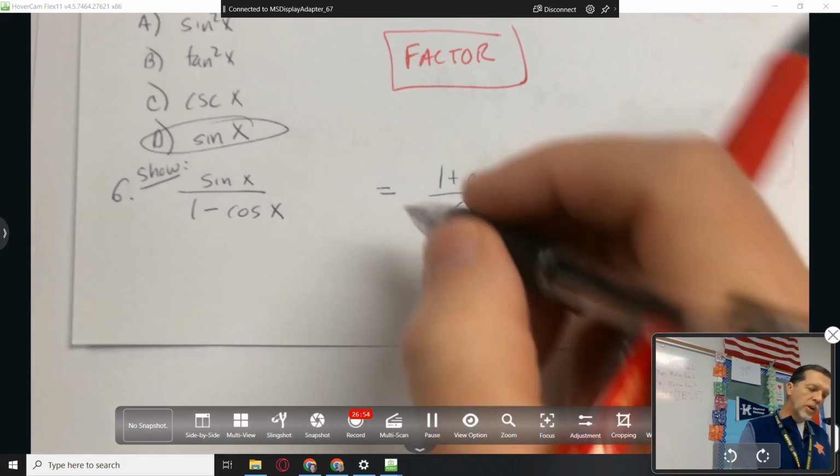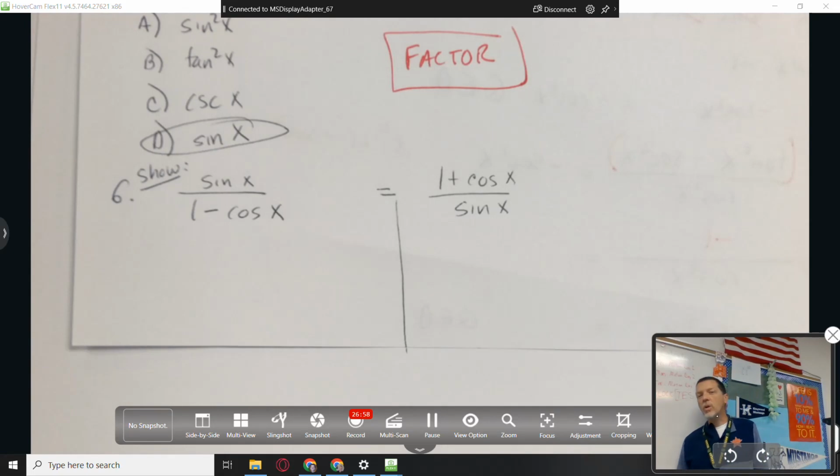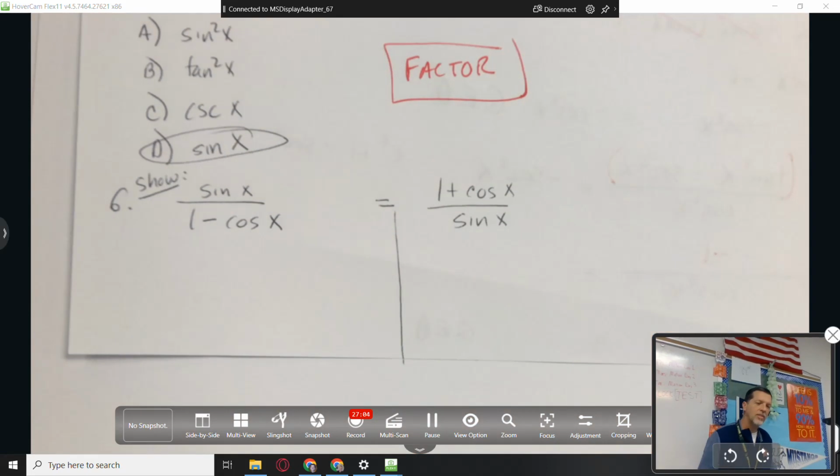Well, when you're showing, that means you can only work on one side. So cross multiplying would work. You'd have sine squared on one side, on the other side you'd have 1 minus cosine squared, and yeah, those would be the same. But I only want to work on one side. So good thought, it works, if we were allowed to do it. So here's the trick.